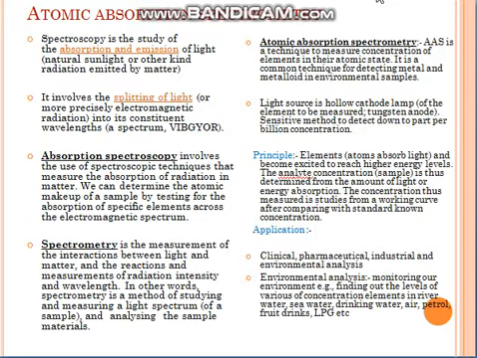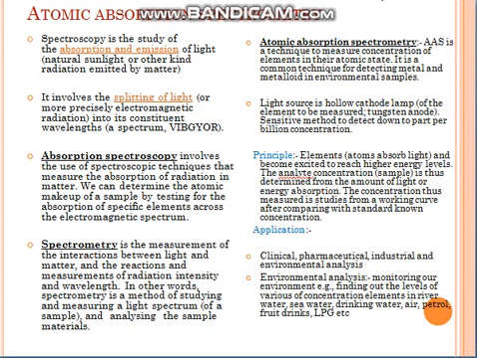So the first one is atomic absorption spectrometry. Spectroscopy is a technique involved in environmental science where any sample absorbs and emits light. It involves splitting of the light into the spectrum, that is colored radiation.